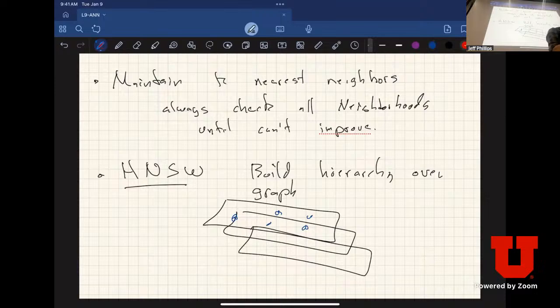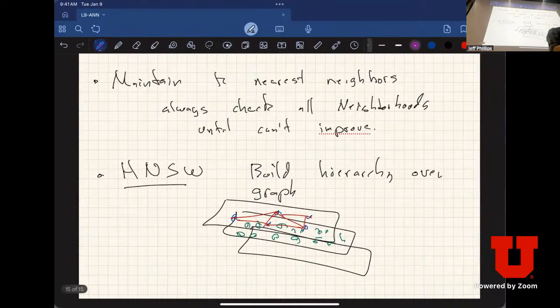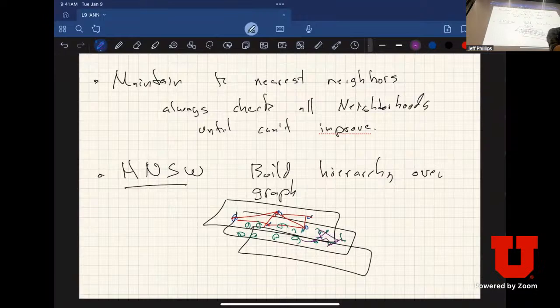I'm going to build the nearest neighbors graph here, but it doesn't have all of the nodes. And then the next layer is denser, and I build the nearest neighbor graph on this layer. Then the final layer has all the data points, and I build the nearest neighbor graph on the full data set here.